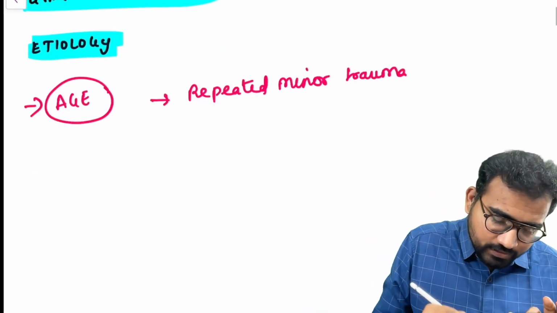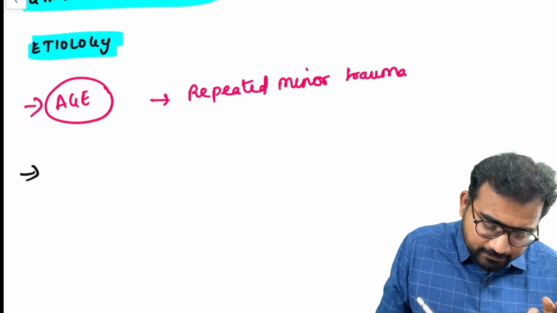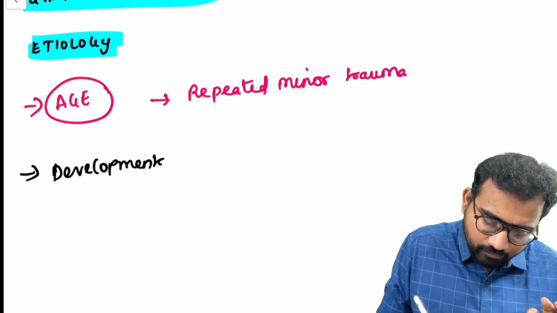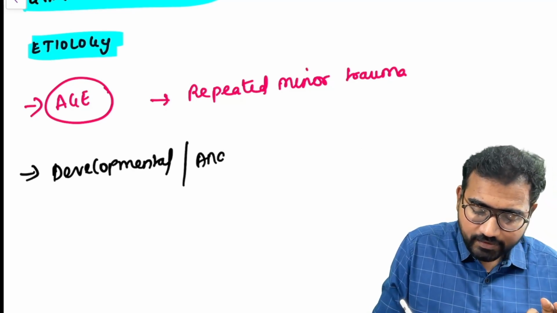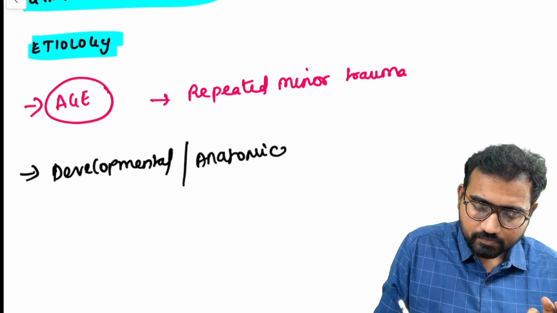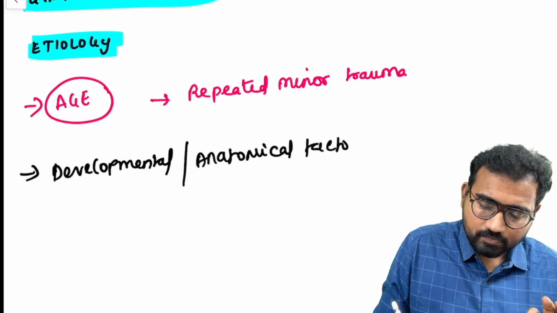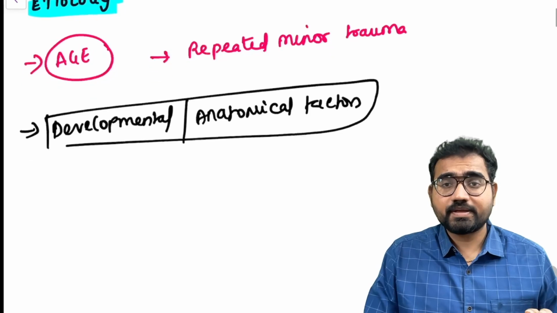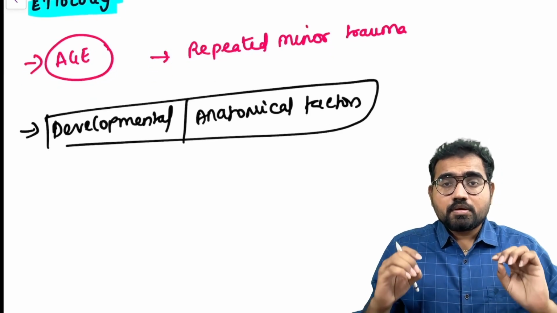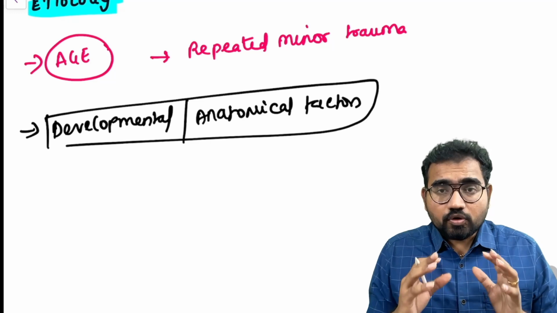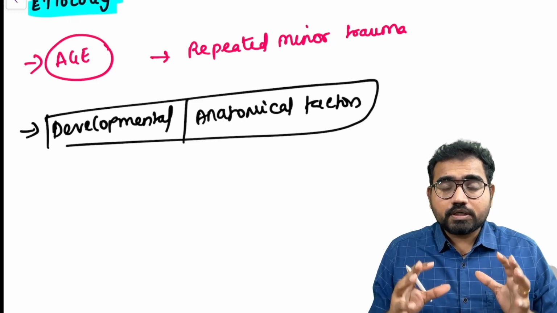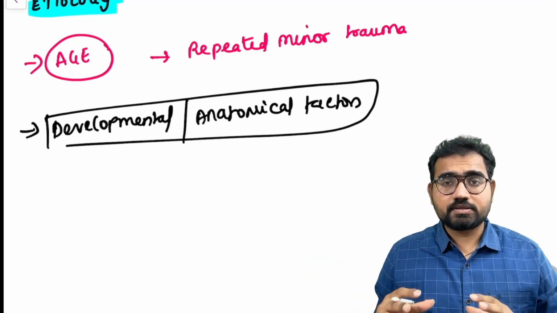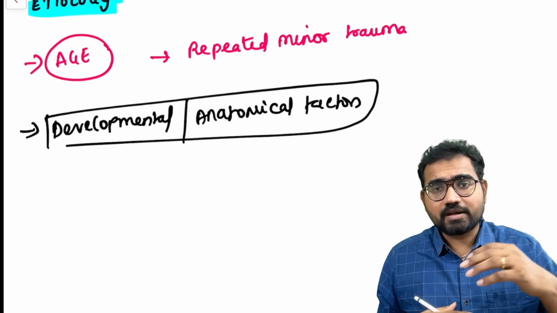The next one we are going to see is the developmental or anatomical factors. This depends totally upon the tooth and not on any external factors like plaque, calculus or habits.